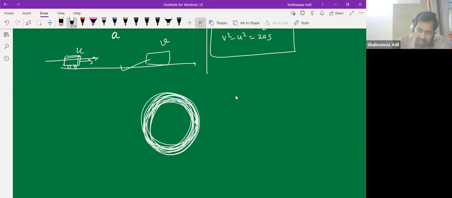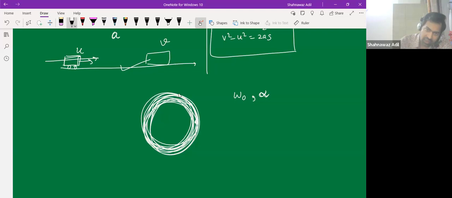Initially, it has an angular velocity w, right? And then you increase the acceleration. With constant acceleration, its angular velocity will increase. What do I mean by angular acceleration or angular velocity?